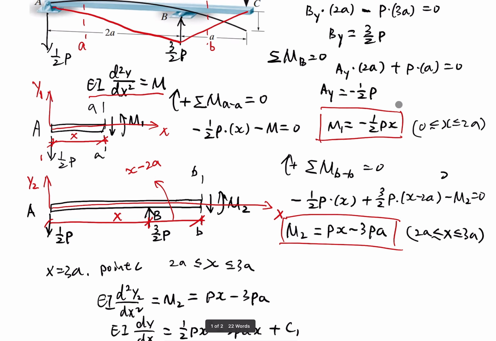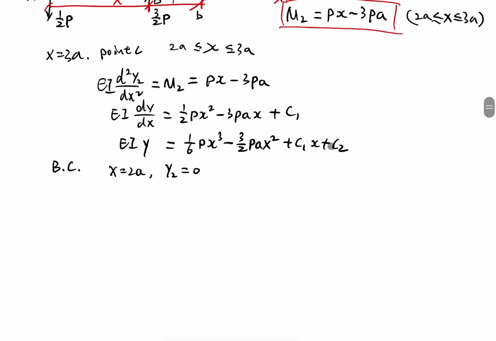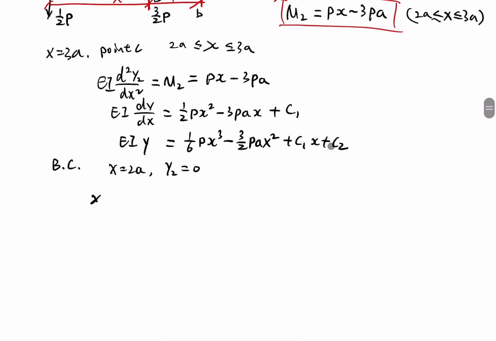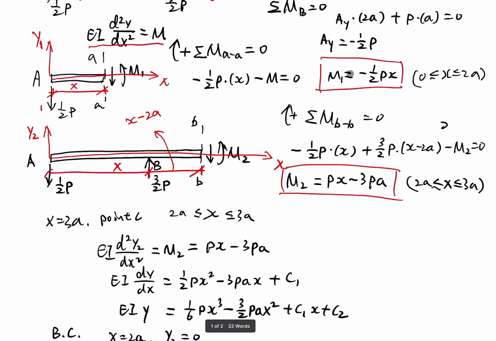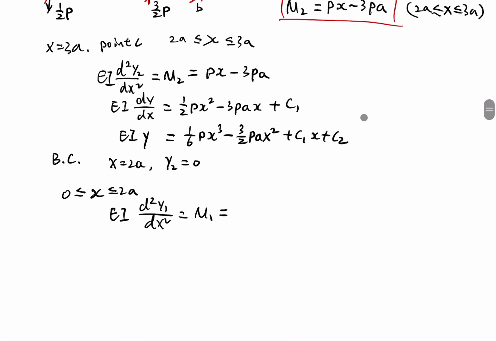So then we need to look at M1, for x larger than 0 on the beam segment AB. We have EI d²y1/dx² equal to M1, where M1 is equal to minus 1/2 Px.